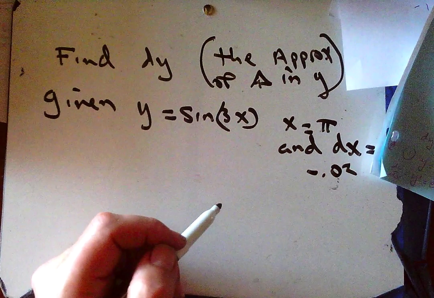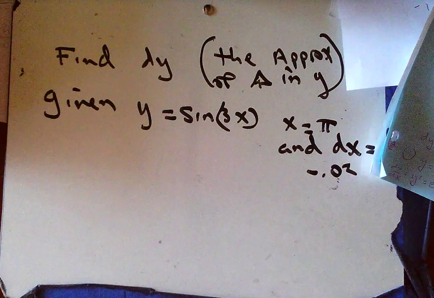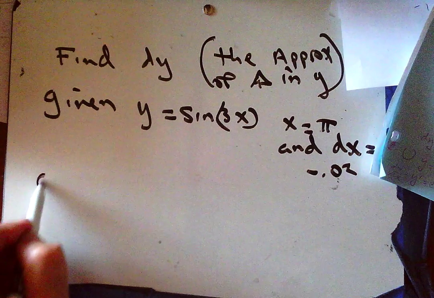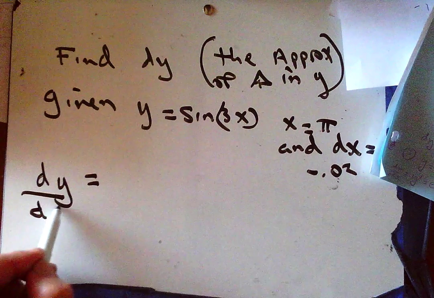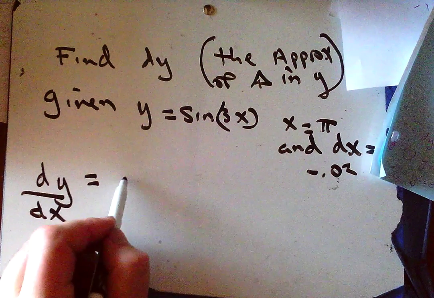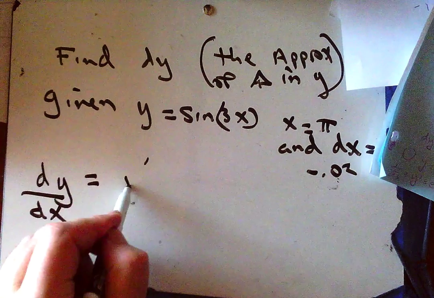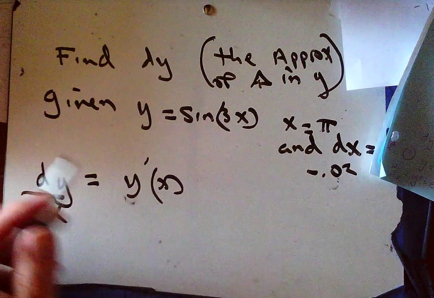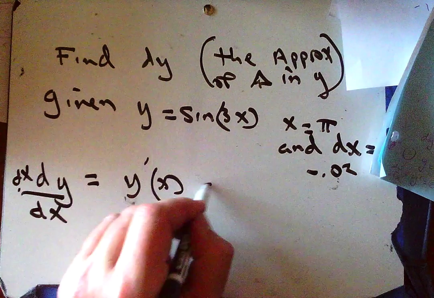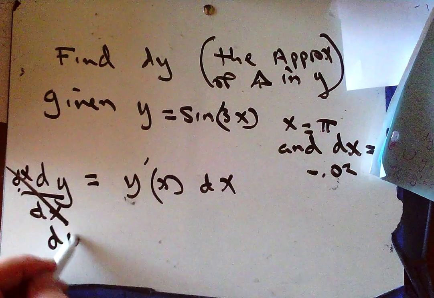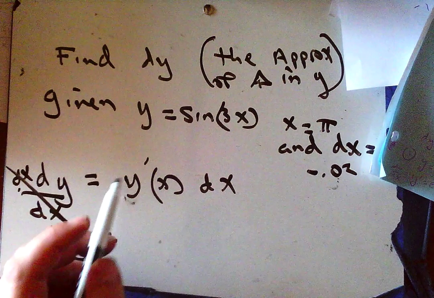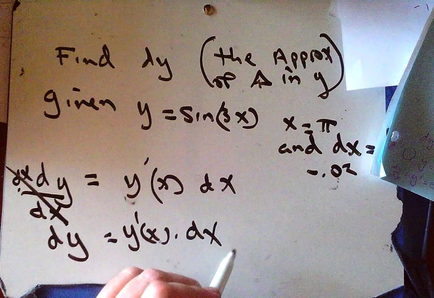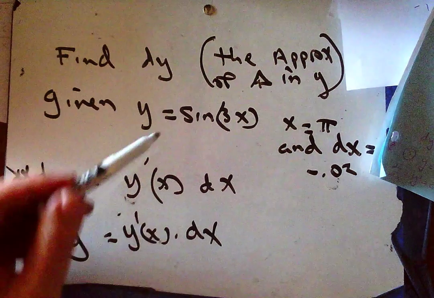All right? So, what am I supposed to do with all this information, Mr. Kukla? Well, remember, dy dx equals f prime, or in this case, y prime of x. And then if I multiply both sides by the differential dx, I get that dy is y prime times dx. So I need y prime, and here's why.